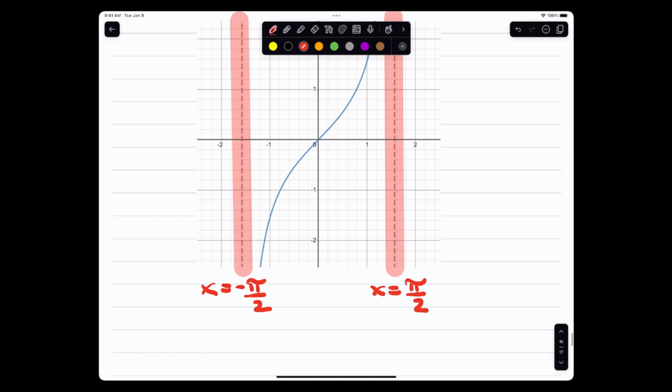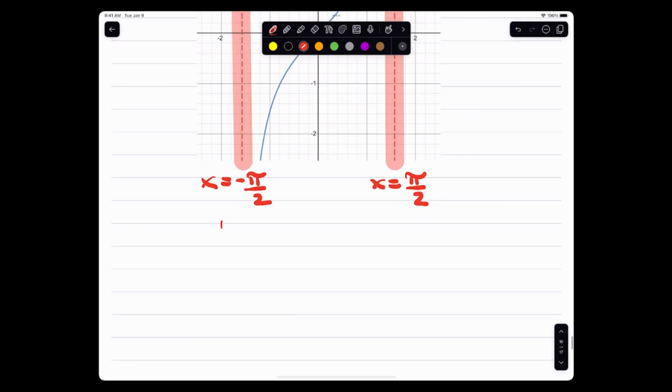These lines that are not really there, but your curve never crosses these lines. Anybody taking other math classes? Did you ever take an intermediate algebra course? Some of you might be taking a pre-calculus course even. These are some very special lines that we have to talk about. Yes, these are called what? Good job. These are vertical asymptotes.